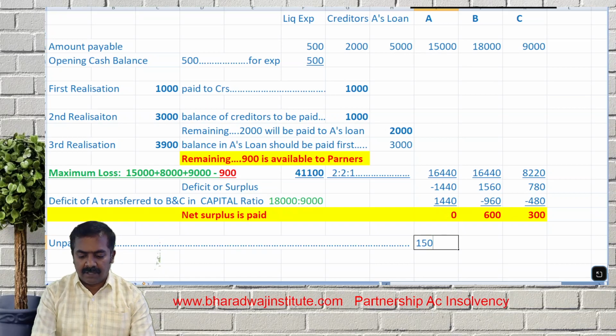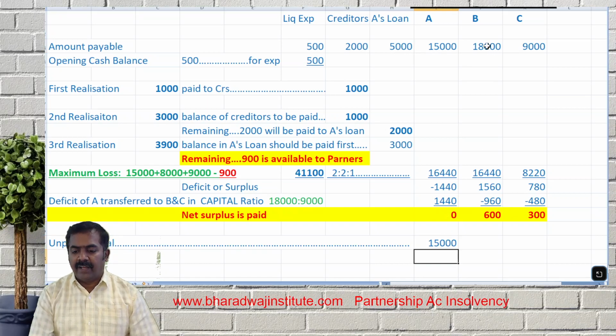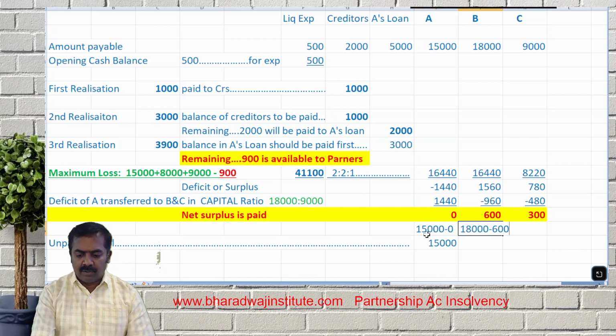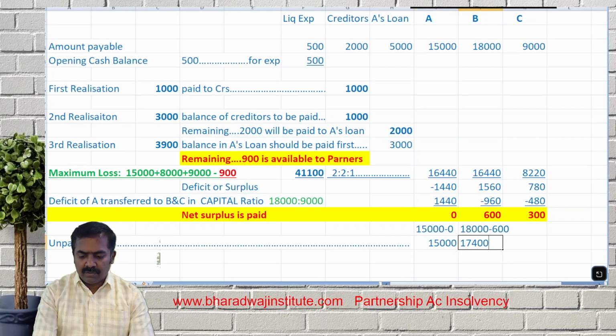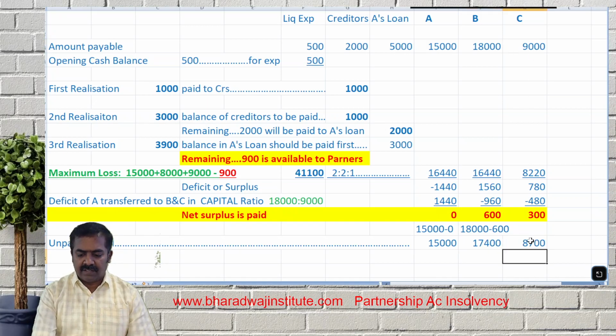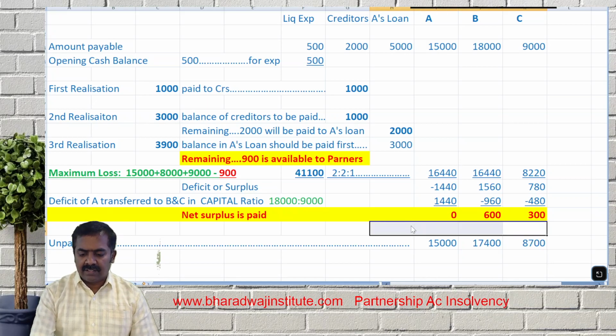What is unpaid capital now? 15,000. Look at B. 18,000 minus how much we pay? 600. 18,000 minus 600 gives 17,400. Similarly for C, 9,000 minus 300 gives 8,700. That is unpaid capital.